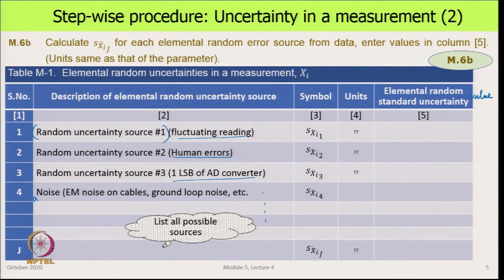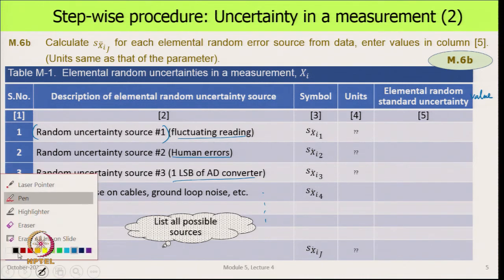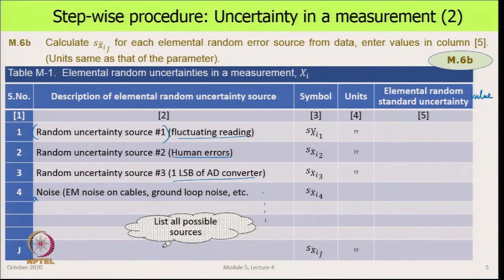Each one of these elemental errors has a symbol, S_xi bar 1, S_xi bar 2, S_xi bar 3, until the jth error source. The units will all be the same as that of the measurand, and from available data we have to estimate what these values are. In some cases we may get more information, and then we have to make a judgmental call.